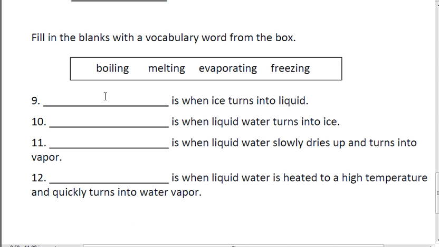And then 9, 10, 11, and 12, it says fill in the blank. Something happens when ice turns into a liquid. Melting. Excellent. When liquid turns into ice. Freezing. Blank is when liquid water slowly dries up and turns into vapor.